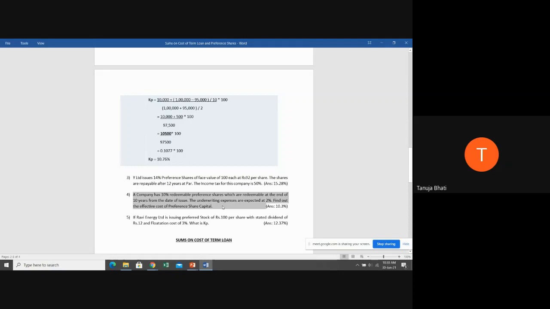So we assume it to be 100. Now, when we know the face value is 100, if it is redeemable, then what figures do you need to know? You need to know PD, RV, NP, and N.